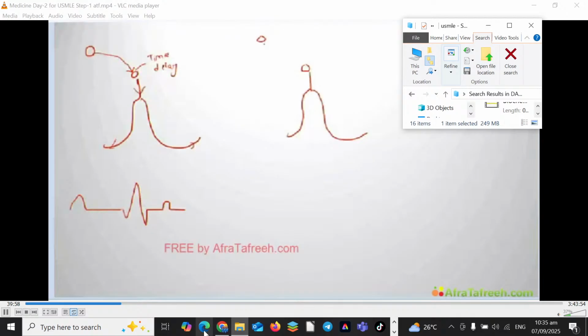So it comes here, but there is one more track here which goes into the ventricles. This additional track takes the conduction with it.